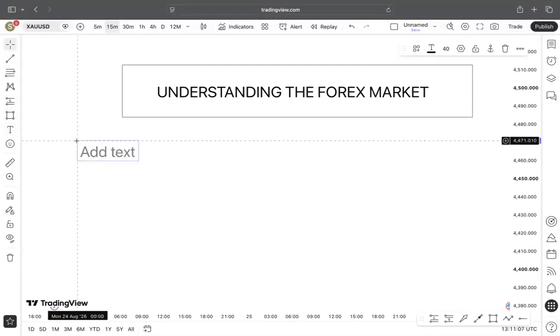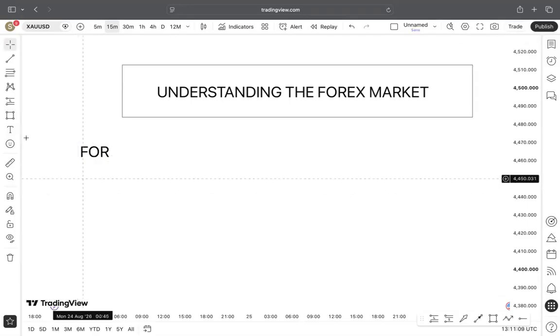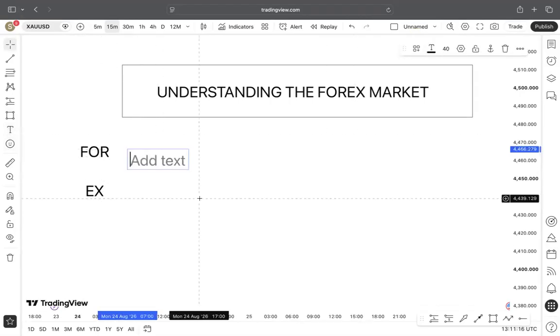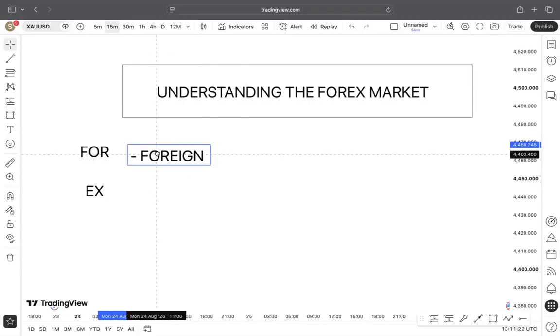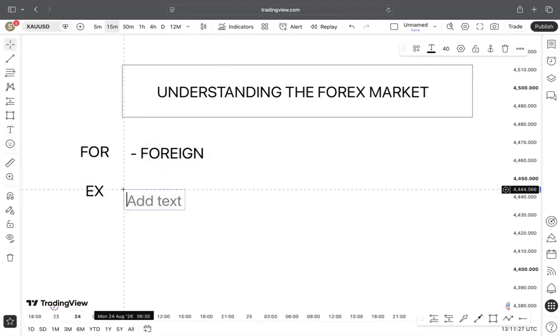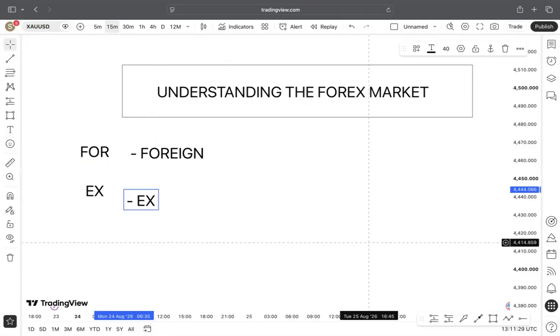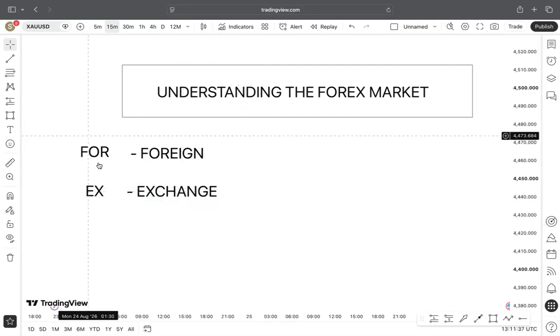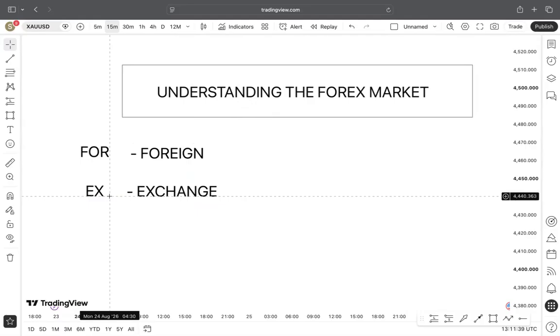You have two parts, for, and then X. For means foreign, and X means exchange. And these two words make up what we call forex, foreign exchange.